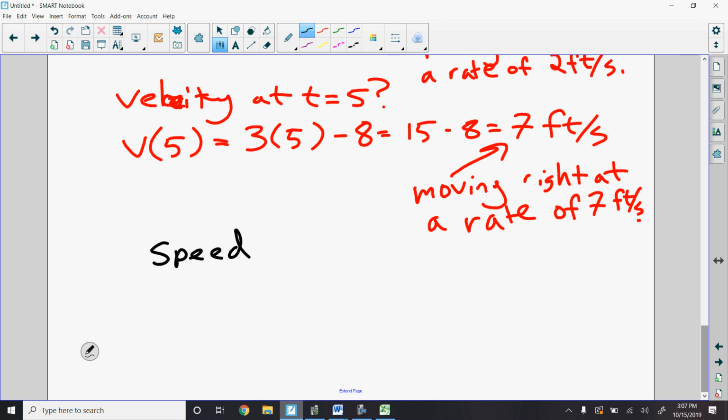Speed is the absolute value of velocity. Therefore, speed is always positive. For example, the example I used, my speed at time t equals 1, or 2.